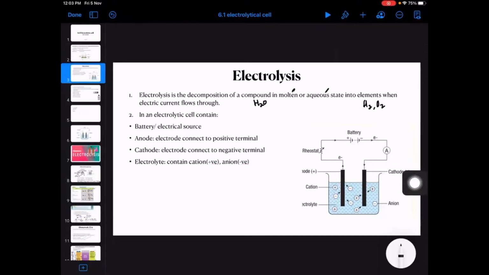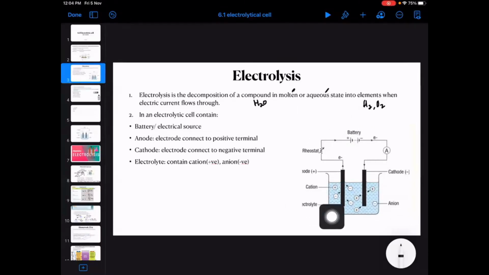That means you either melt it or it's a solution. It cannot be solid. So this compound, or we call it this solution, or this electrolyte, must be in molten or aqueous state.